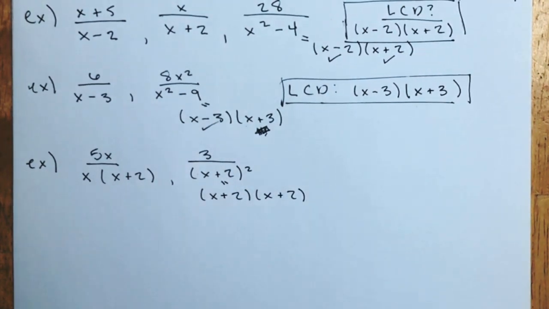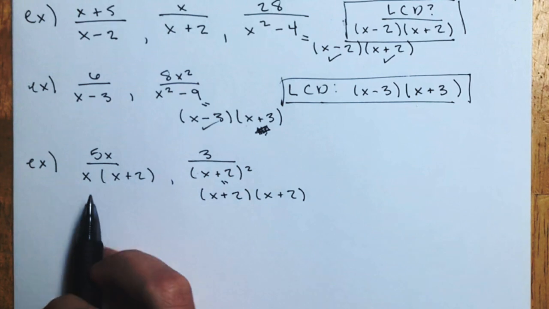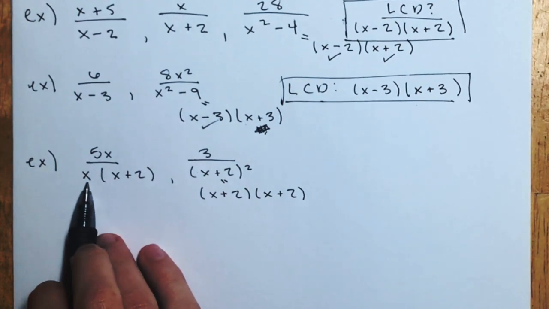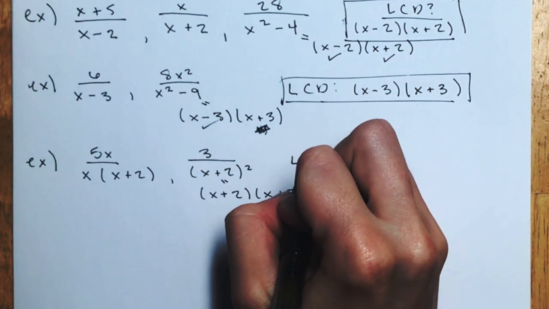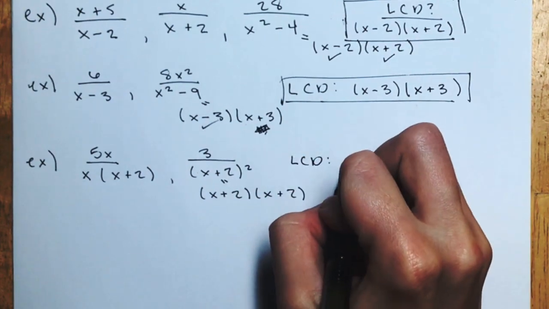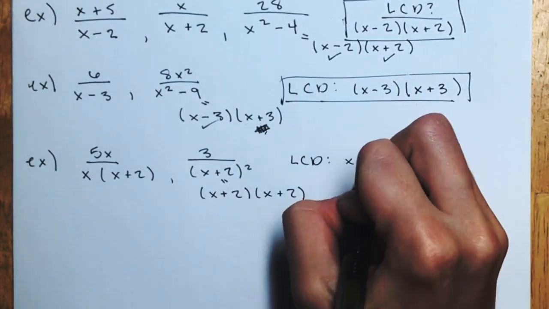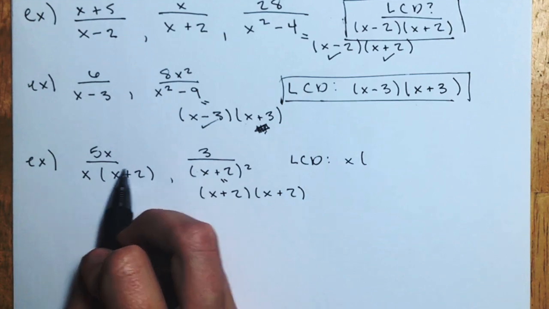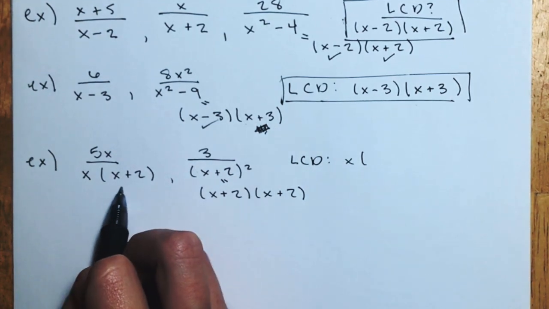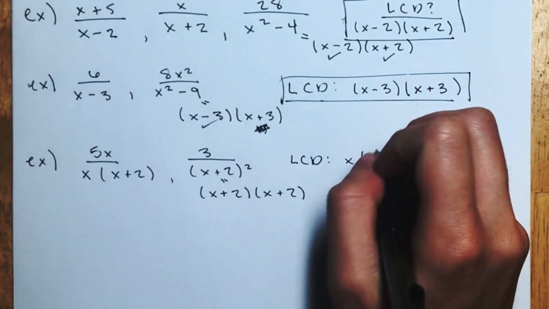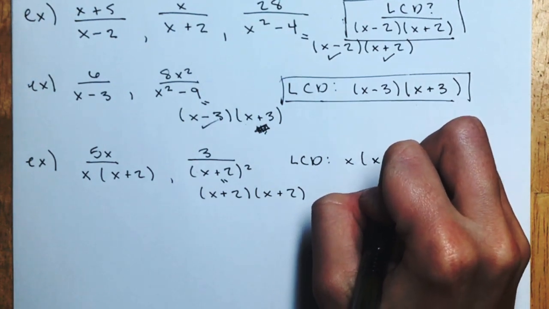With this first one, the first factor is x. So we've got LCD x. We don't have one of those yet, so let's include it. X plus 2 is our next factor here. We don't have an x plus 2 yet, so we can add x plus 2.